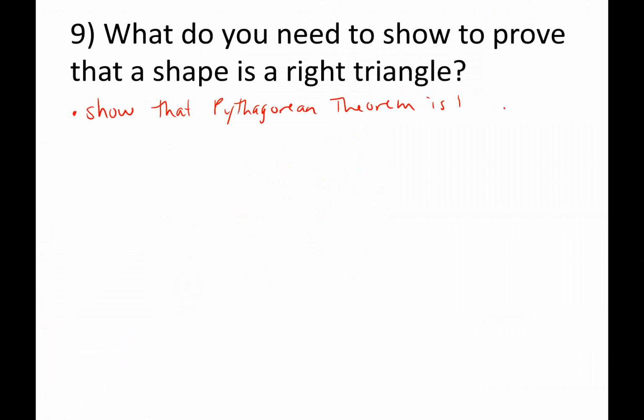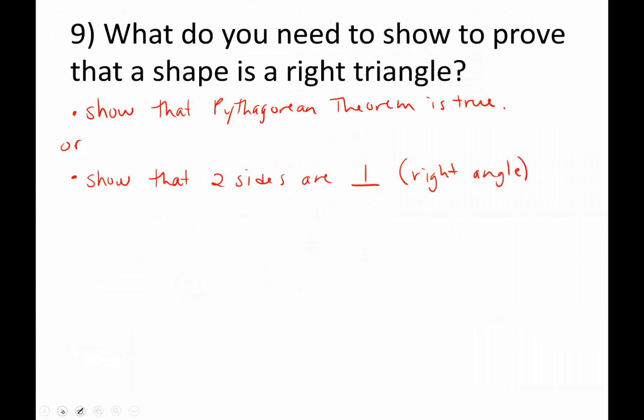Our second option has to do with the right angle. So the second option is that if we show that 2 sides are perpendicular, the perpendicular implies that we have a right angle. So those are your 2 options.